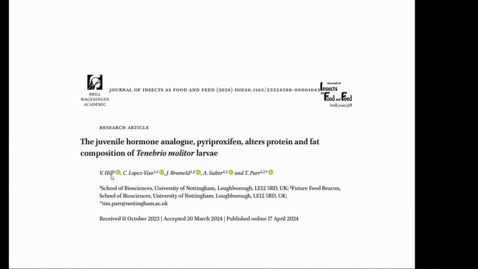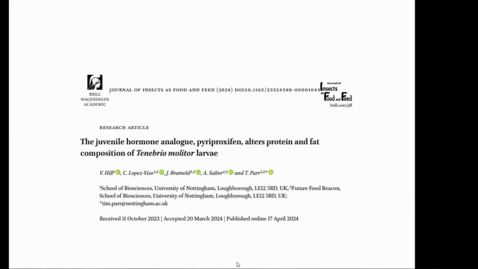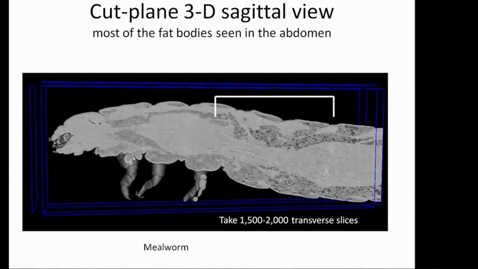Their then PhD student Vicky Hill allowed us to look at some of her larvae with the help of Dr. Craig Sturrock. This shows a CT of a typical mealworm cut in half on the CT. You can see its head, its legs, and the first few of its abdominal content.